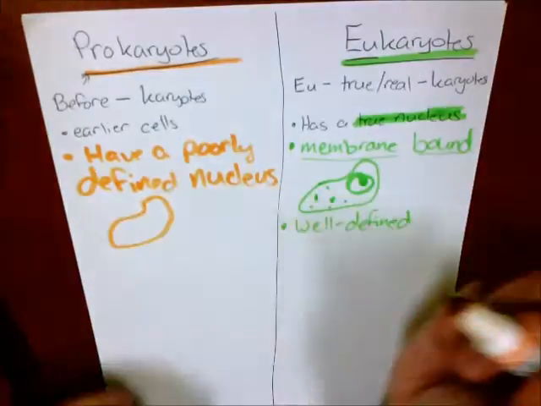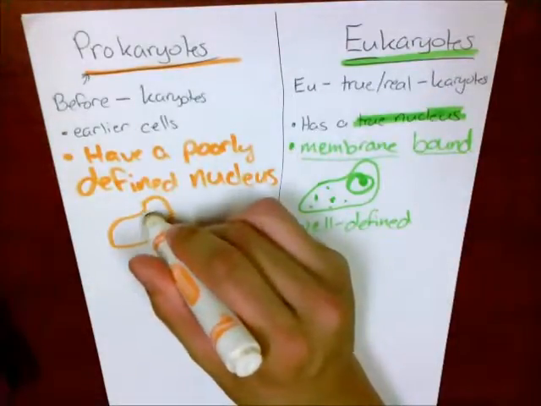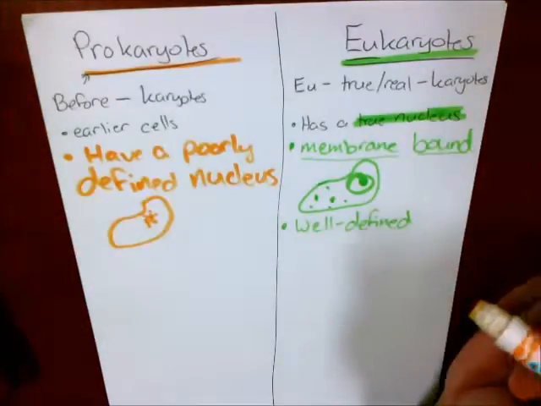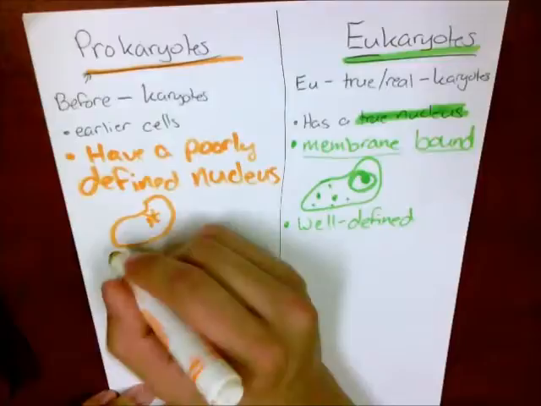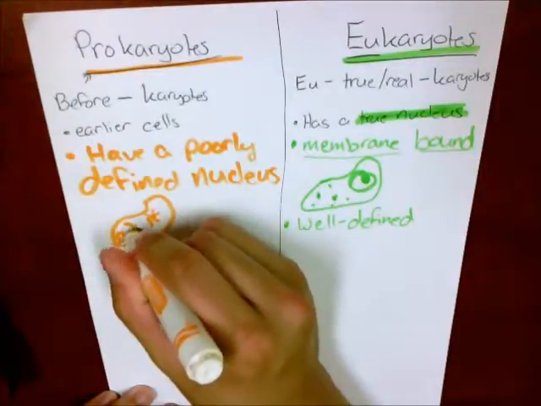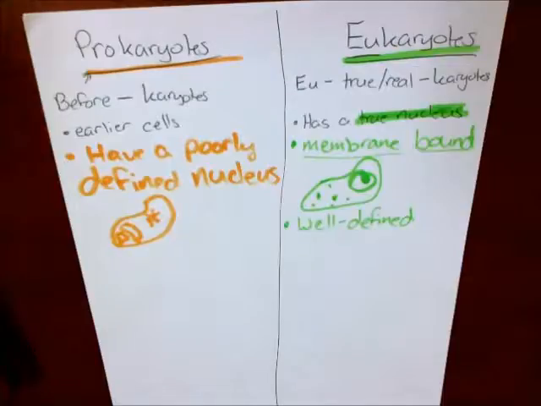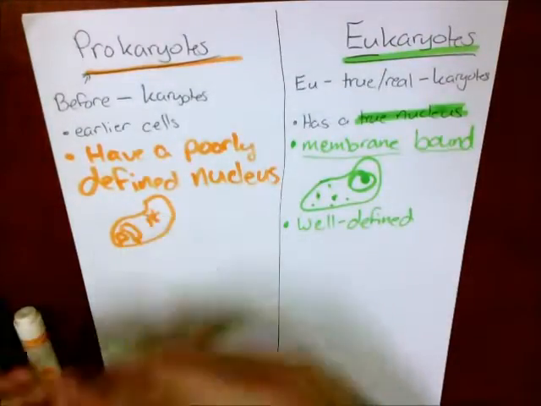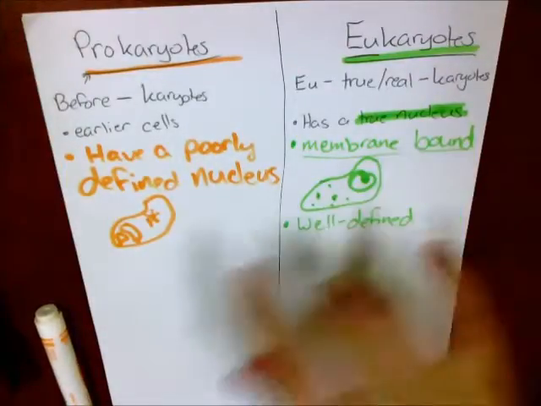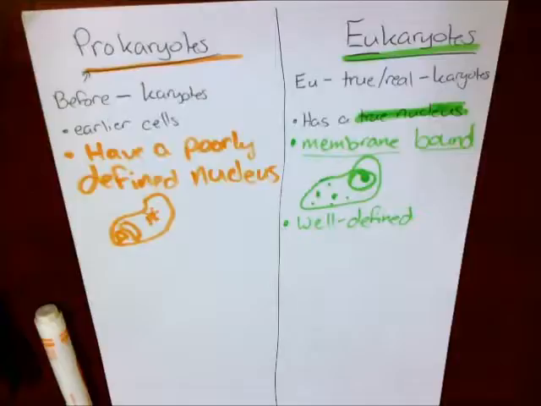Keep in mind they don't actually look the same, but I'm going to draw something like this. Here's its nucleus. It's just a bunch of little dots and strands in the middle here. We have other stuff too, but our nucleus isn't actually defined inside of its own little compartment. That is the major difference between this one and this one.